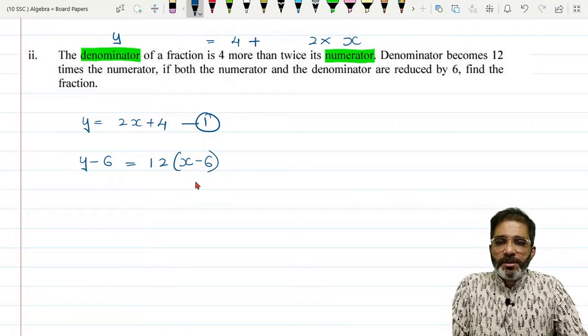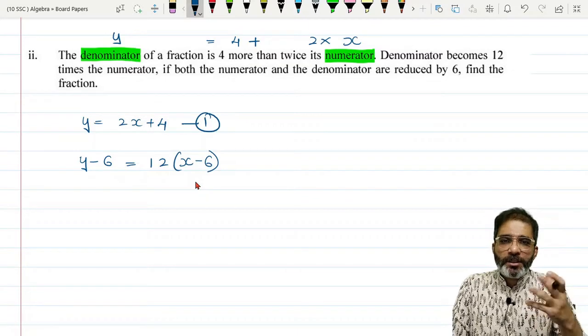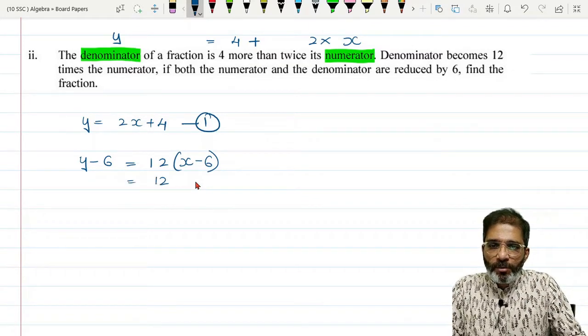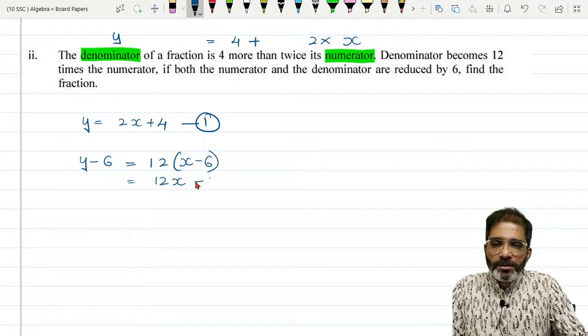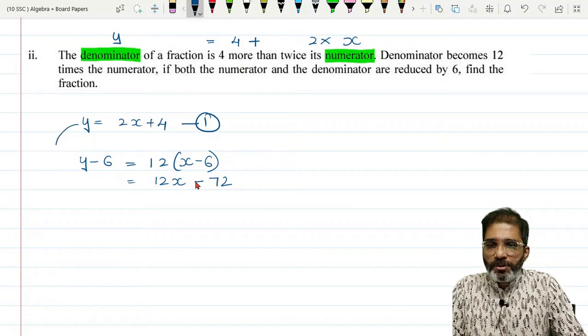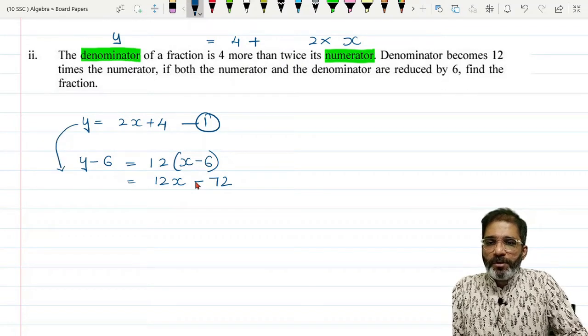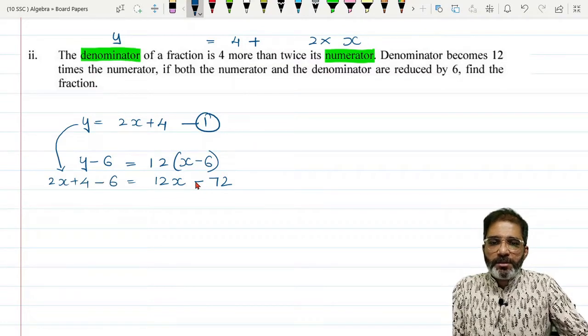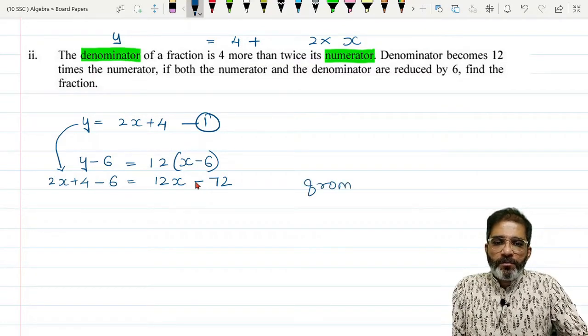Okay, so this is the second equation, but I'm not going to mark this as the second equation because I have to solve this. Okay, so when I open the bracket, I'll get 12x minus 72. Now what we can do is substitute the value of y over here. So that is 2x plus 4 minus 6. The reason is we can write it from equation 1.